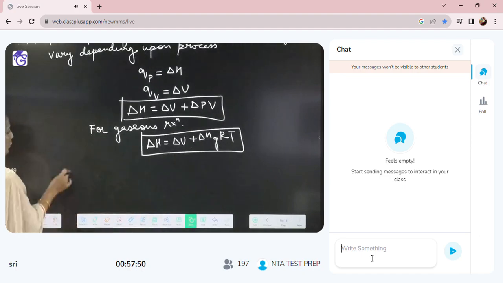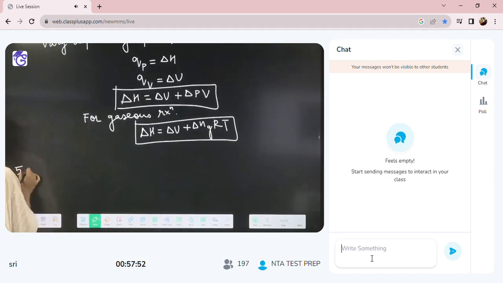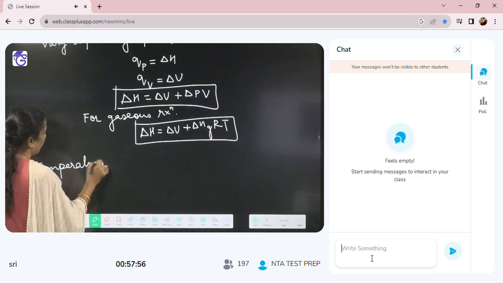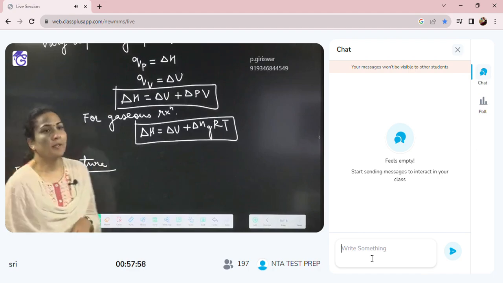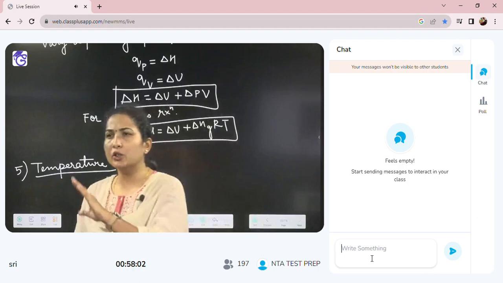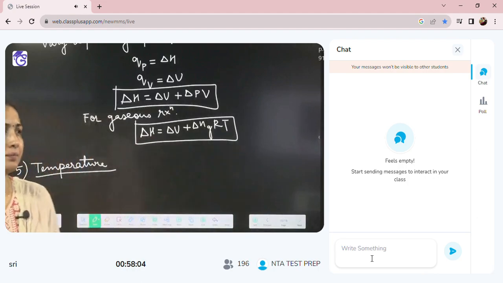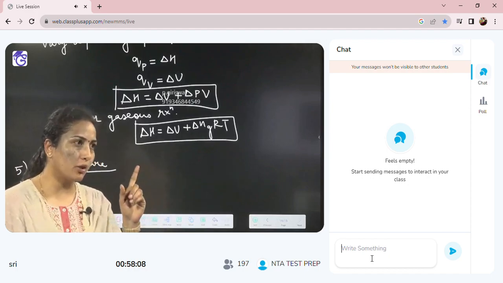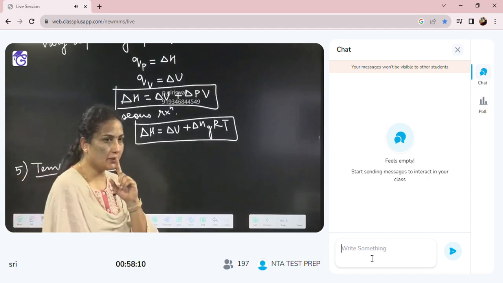And the last point here, the fifth one, is temperature. Do you agree that when we change the temperature, internal energy of the substance changes?